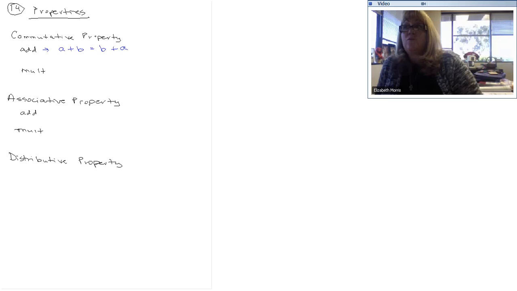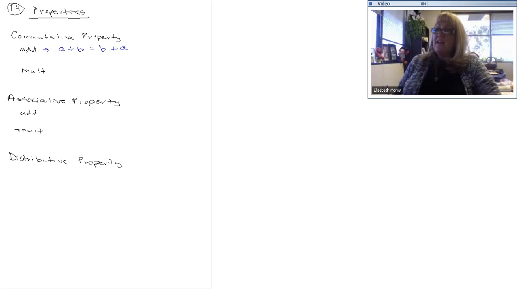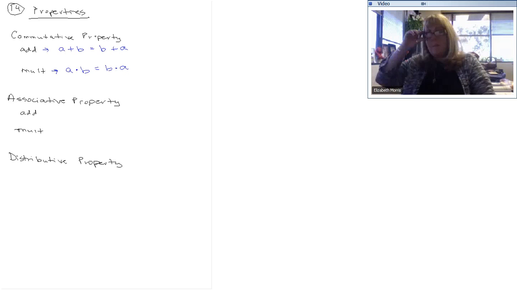No. That's why it's only for addition, not subtraction. And then in the multiplication area, it's saying A times B is the same as B times A. Again, think about it. 2 times 3 is the same as 3 times 2. But 2 divided by 3 is not the same as 3 divided by 2. That's why it's only multiplication, not division.